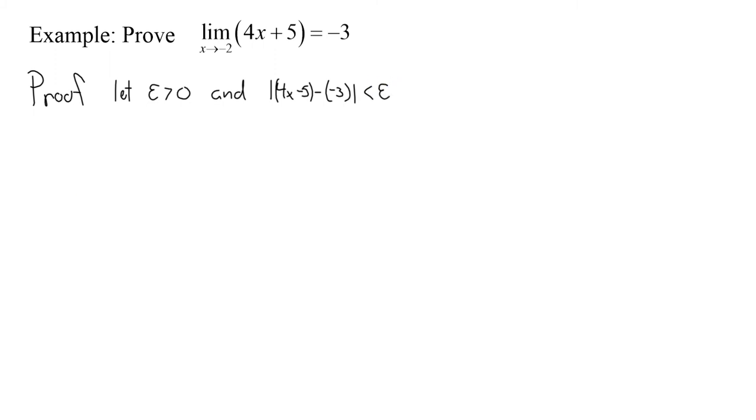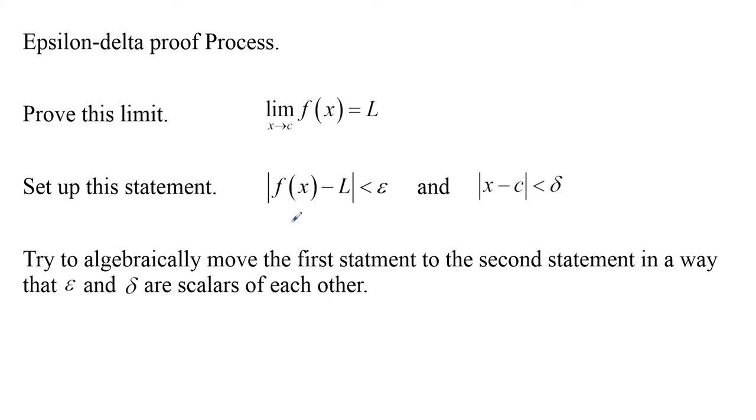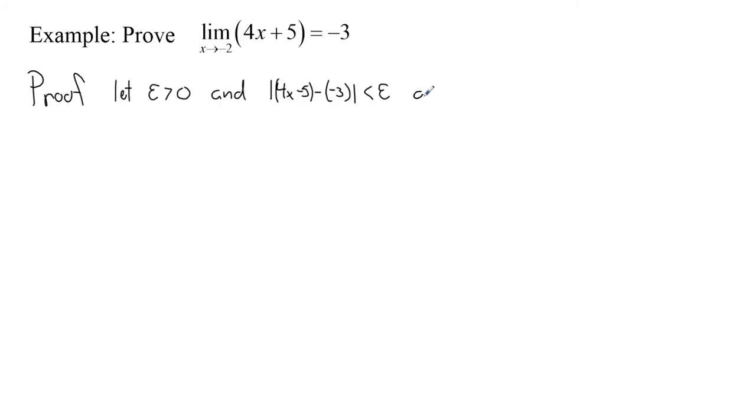Now that is, let's go back a slide, that is me setting up this first partial statement there. All right. And then I'm going to say let the absolute value of x minus, well, it's going to be -2, be less than delta, whatever that is.